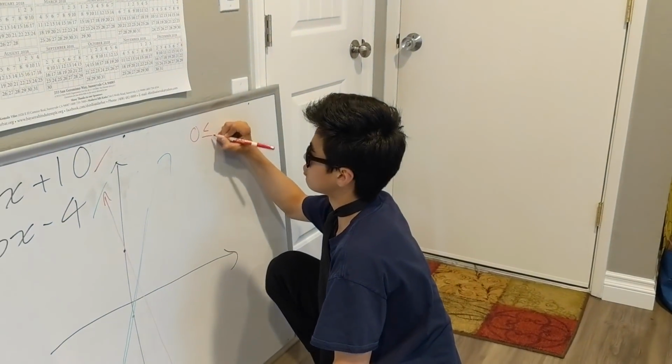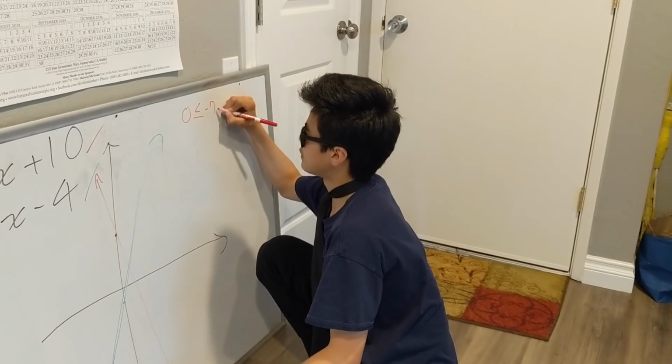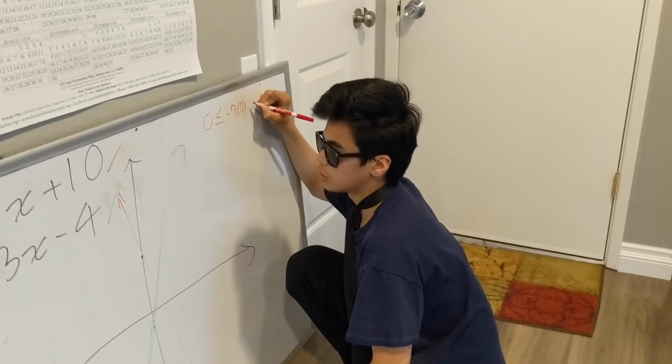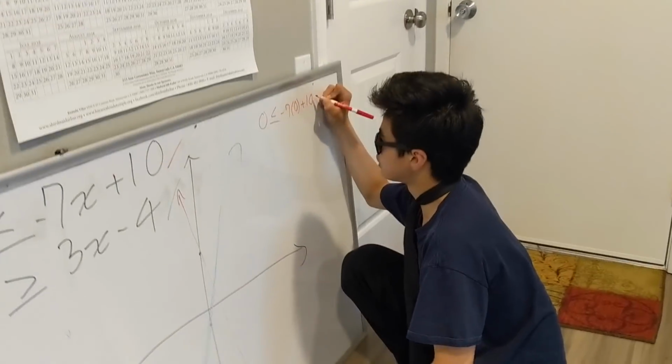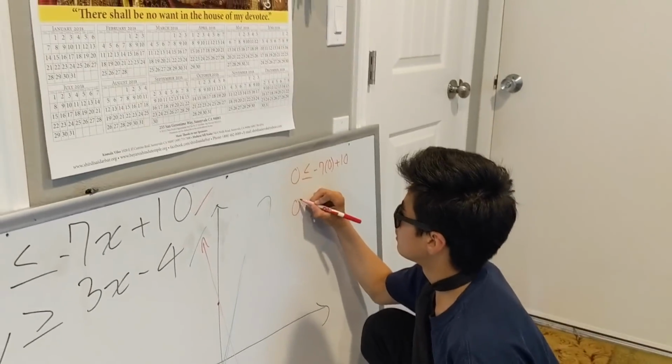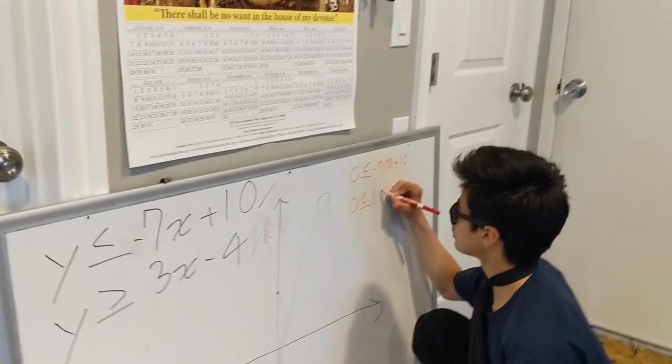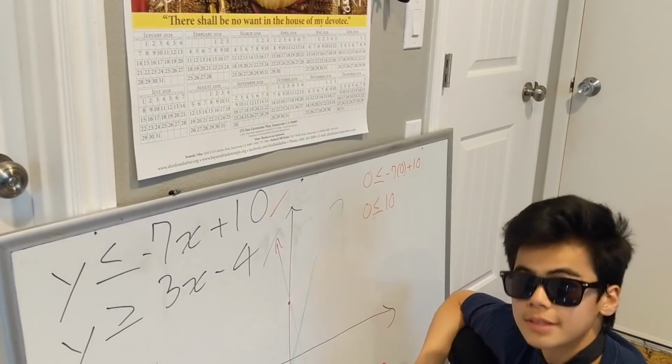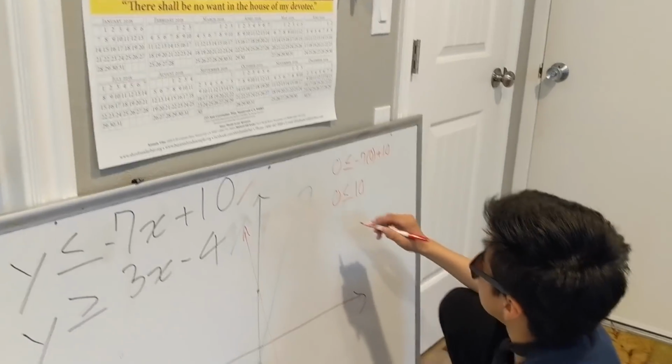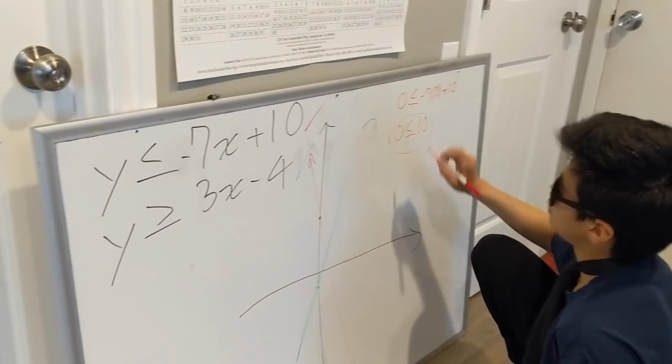So it's 0 is less than or equal to negative 7 times 0 plus 10. In this case, this is true because 0 is less than 10. So, good. Big circle around it.